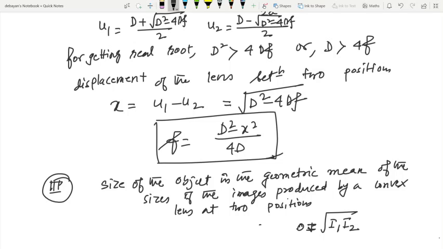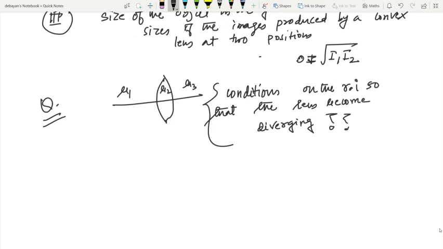You have particular conditions on the refractive index so that the lens becomes diverging. What should be the conditions? Just tell me the answer, what the conditions can be.